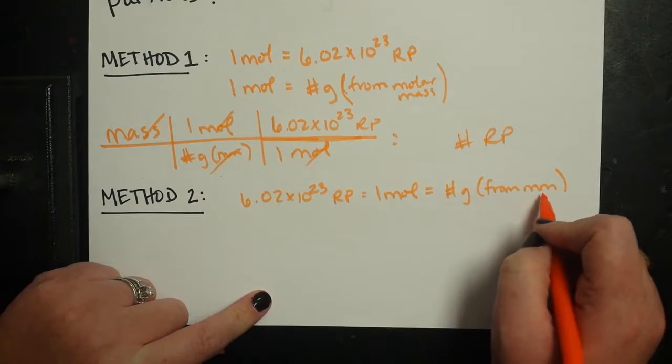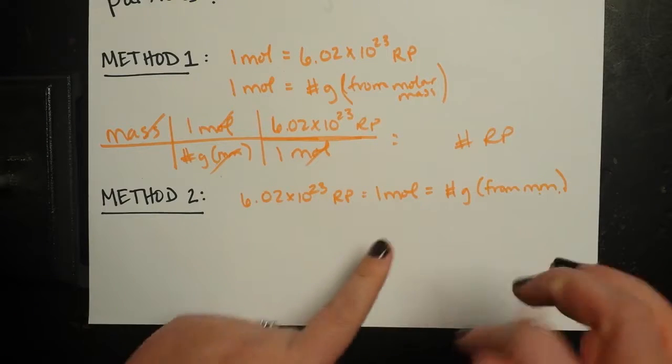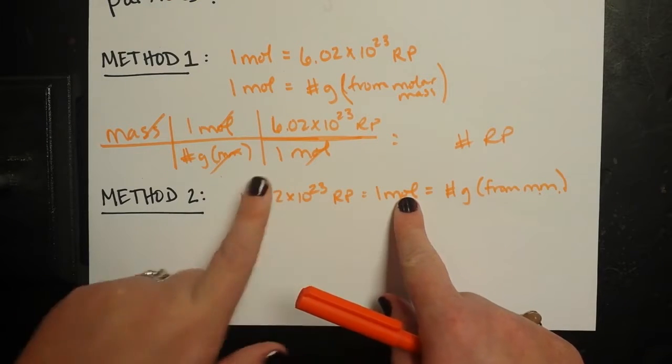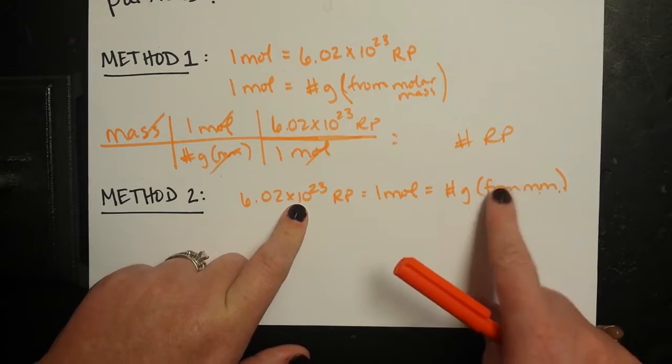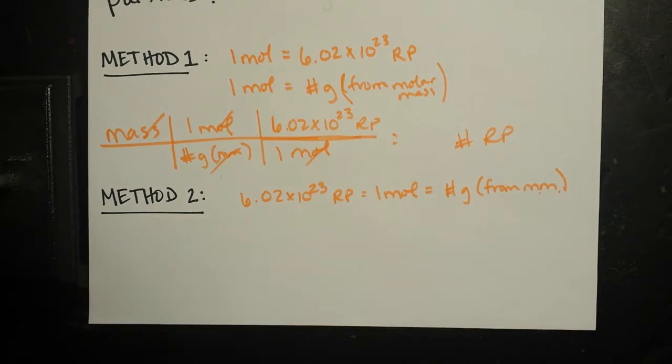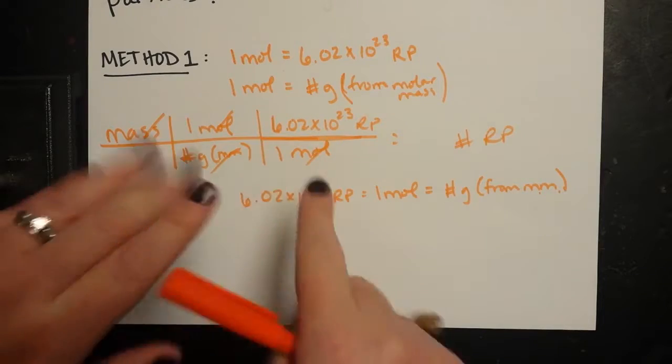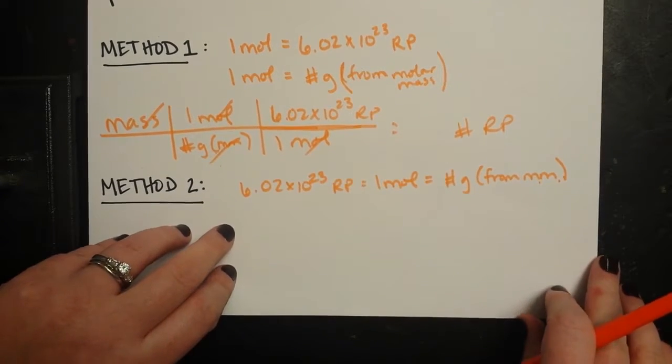Sometimes you can just bypass that mole part, because if they're all equivalent, then Avogadro's number of representative particles should have the same mass as your molar mass. I'll draw the similarity here in just a second.